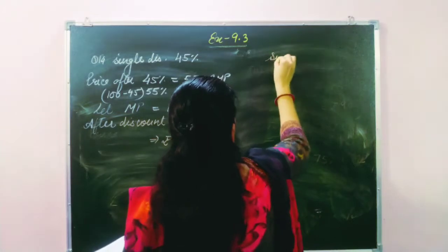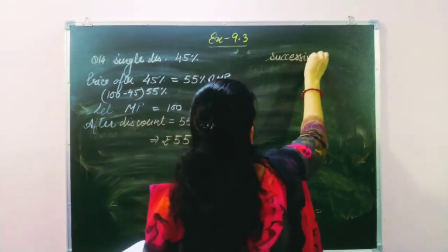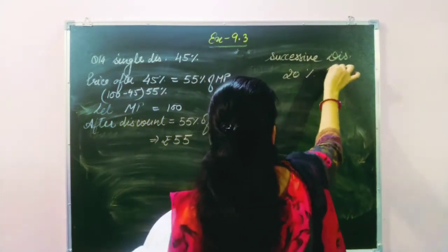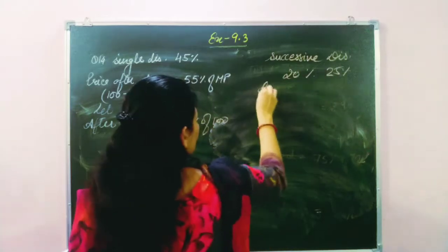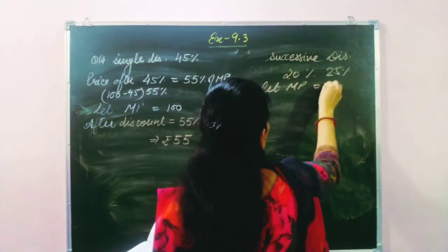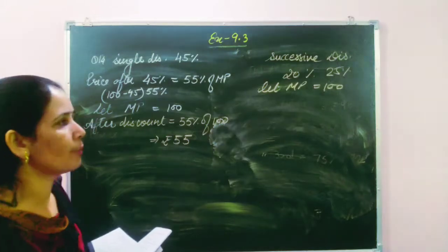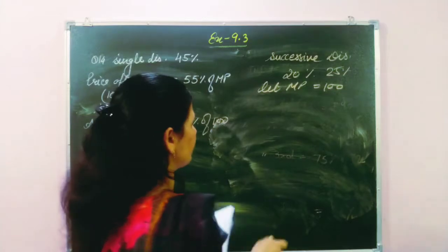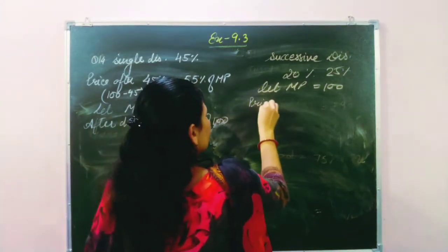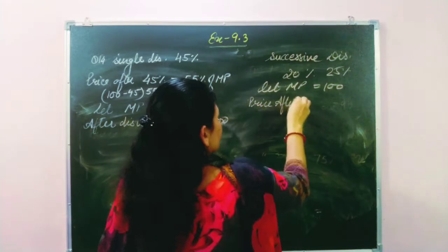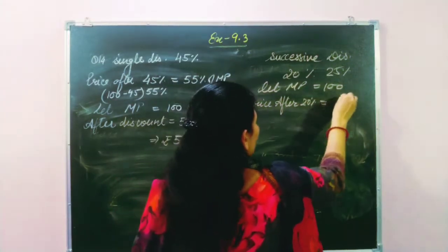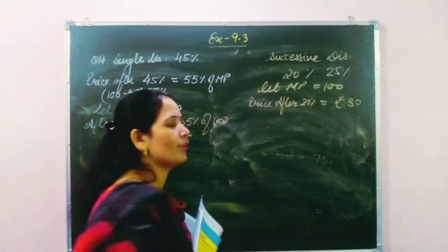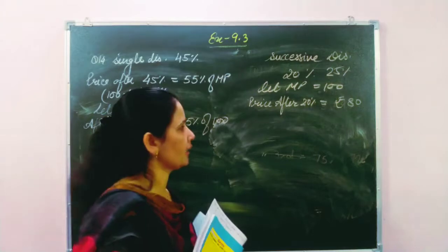Second part is successive discount. Successive discounts, they told 20% and 25%. So let the same MP be 100. Okay students, here we assume the mark price is 100, and then the price after 20% discount is rupees 80. How? Because 20% of 100 is rupees 20. 100 minus 20, 80.